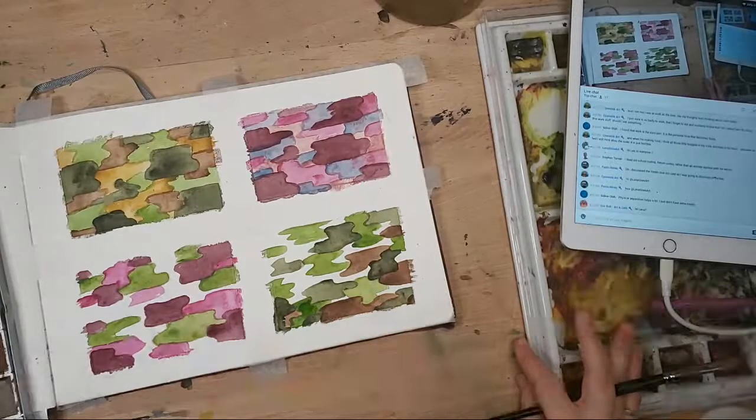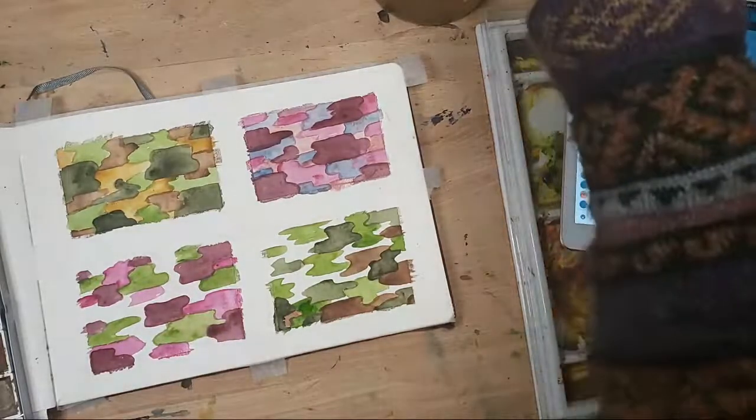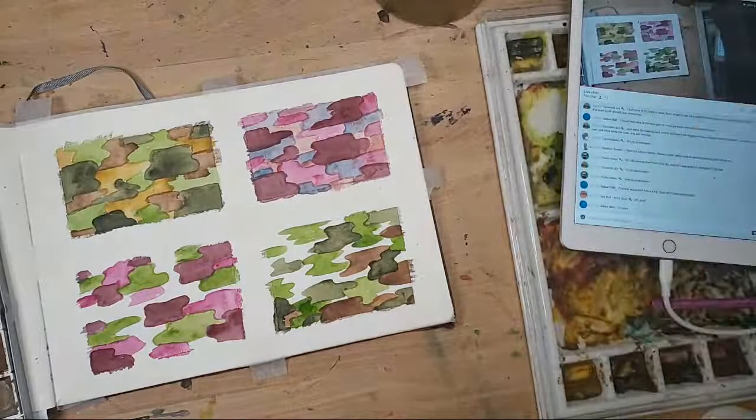Physical separation helps a lot. I just don't have extra rooms. Yeah, we're lucky. We do have extra rooms, so that definitely helps.